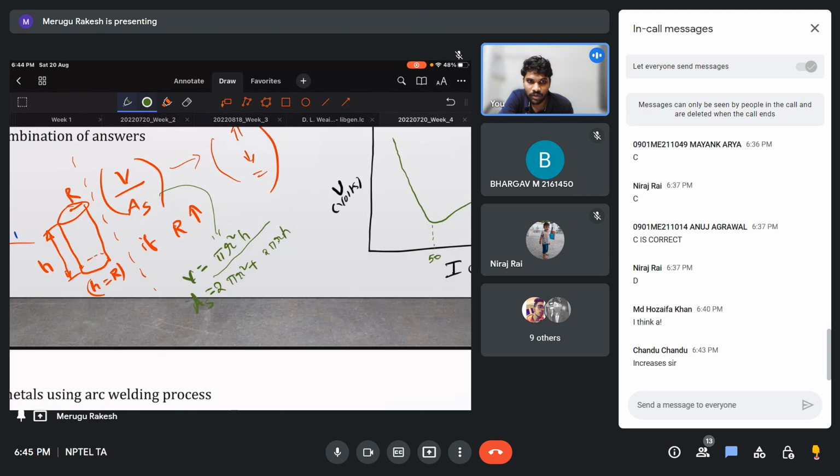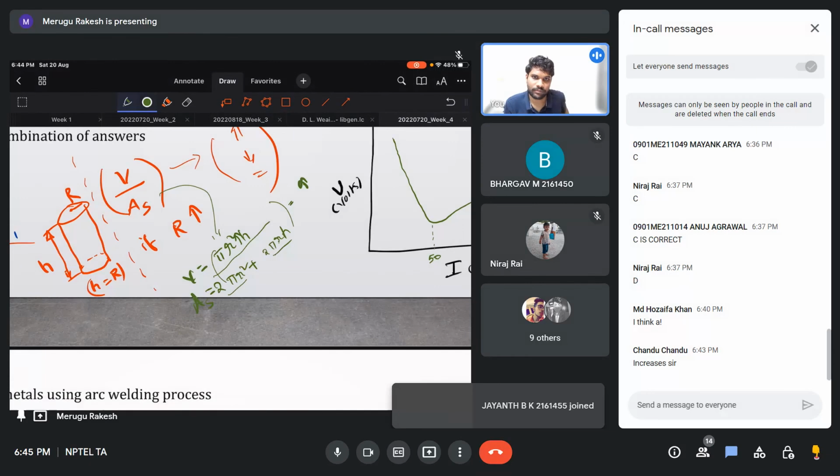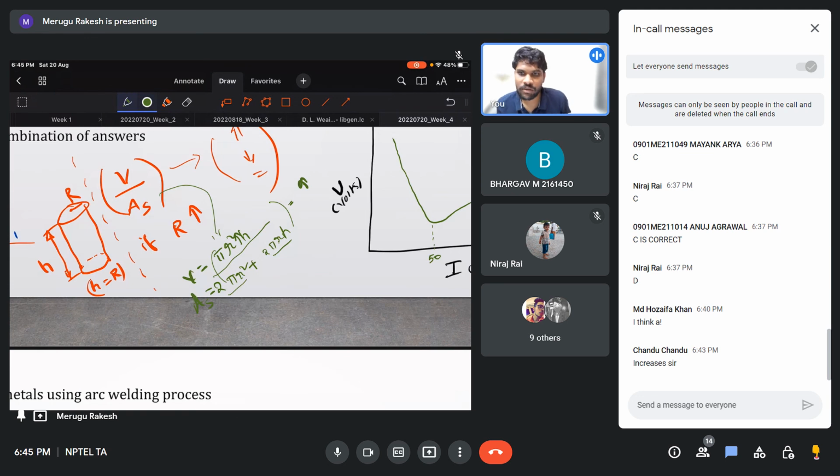I hope you can see everything. If I increase the radius, what happens with the whole term? It obviously increases, right? If you want to understand clearly, take some values of r and h, and you can see this is simple.